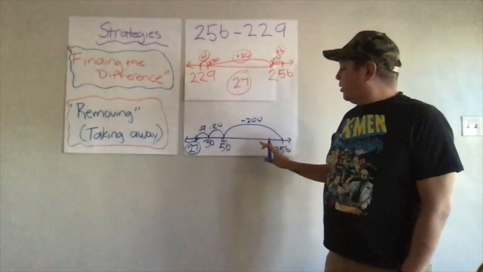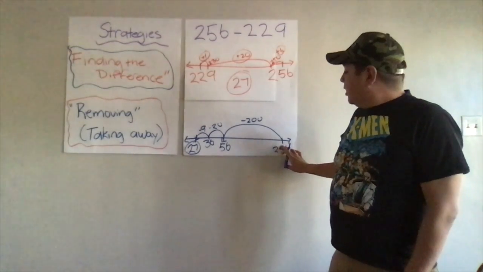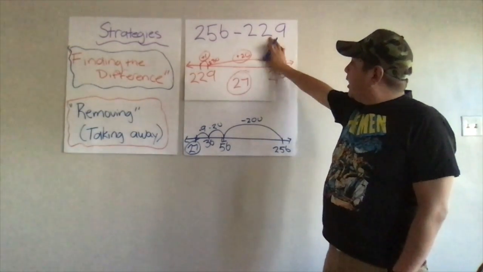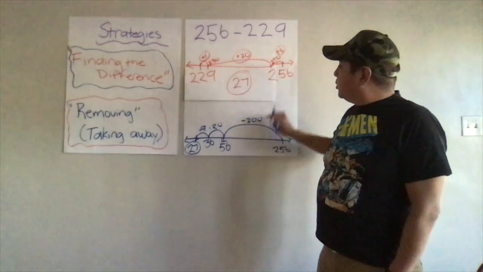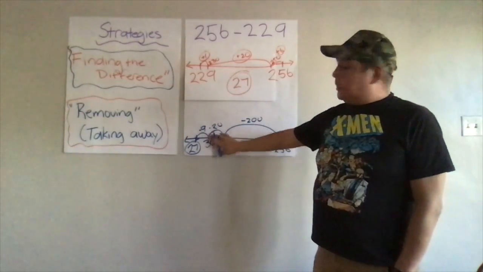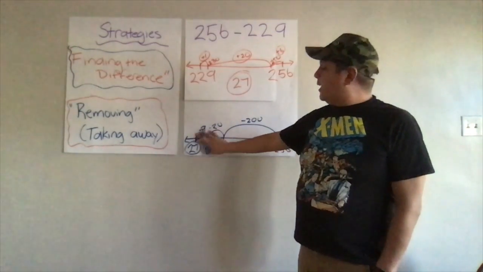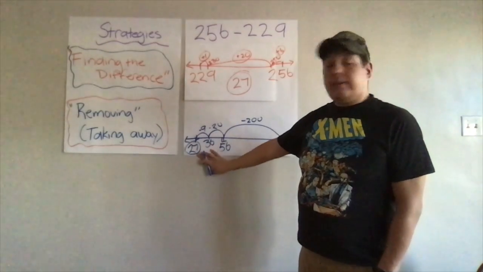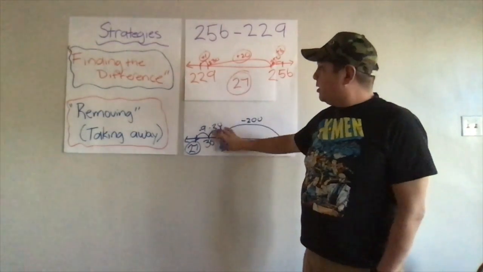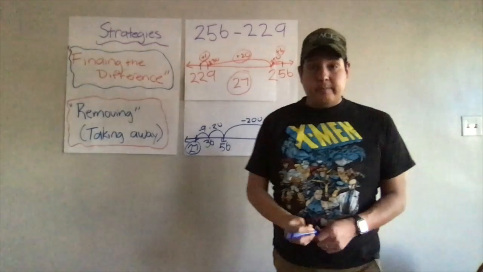And so we started with the bigger number, 256, and removed, in order of place value, each one of these digits. So 2 in the hundreds, 2 in the tens, and 9 in the ones to get to 27. So we've gotten the same answer using both strategies.